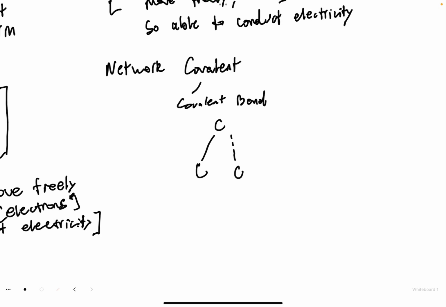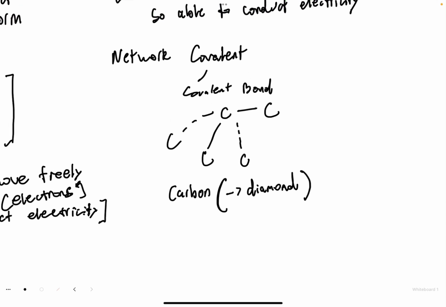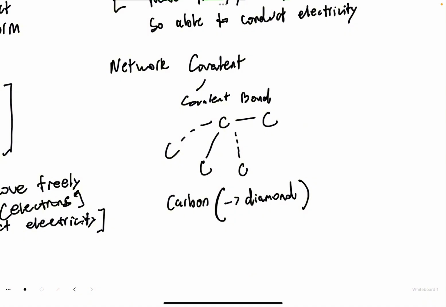One of the common examples of this would be carbon. Carbon is one of the examples for a network covalent, just because of the fact that diamond is incredibly strong. But if you have a lot of carbon atoms, it's really just a covalent bond. So it's one of the stronger covalent bonds. And so they have high melting points, but they still don't conduct any electricity. No electricity.